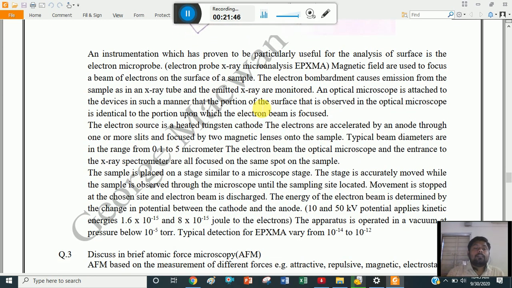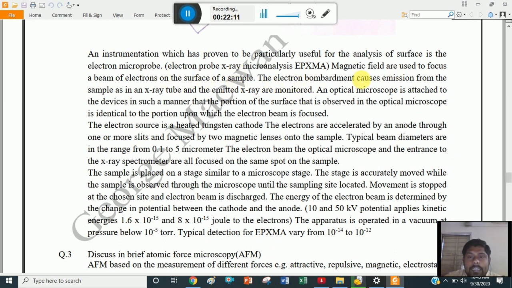An instrumentation which has proven to be particularly useful for the analysis of the surface is the electron microprobe, or electron probe X-ray microanalysis, called EPXMA. Magnetic fields are used to focus a beam of electrons on the surface of a sample.